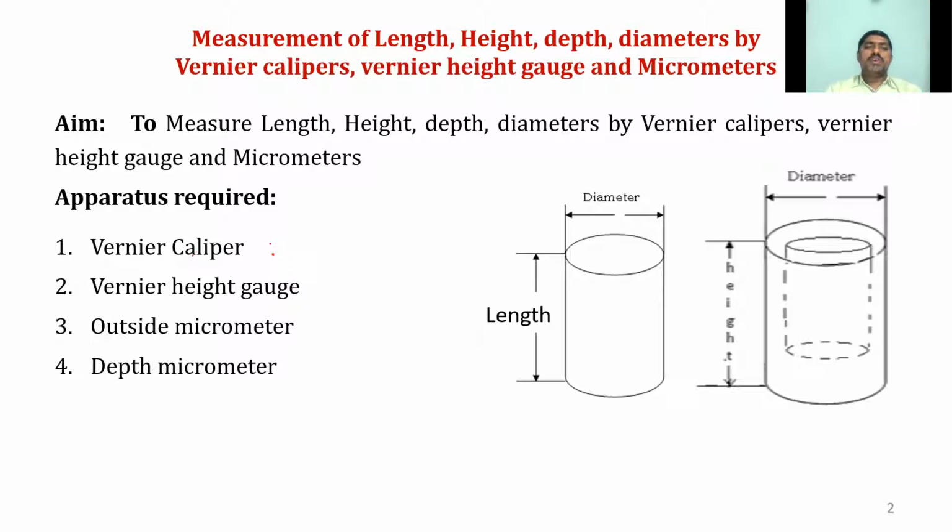The vernier caliper works on this principle, and the micrometer works on the principle of a screw and a nut.